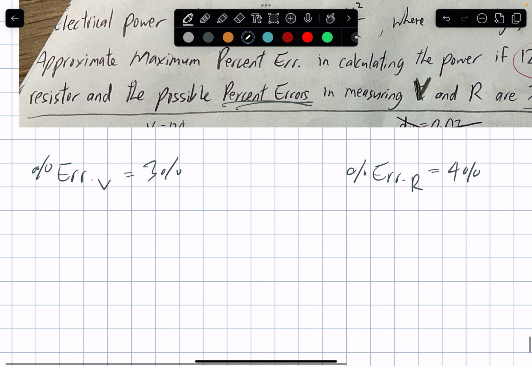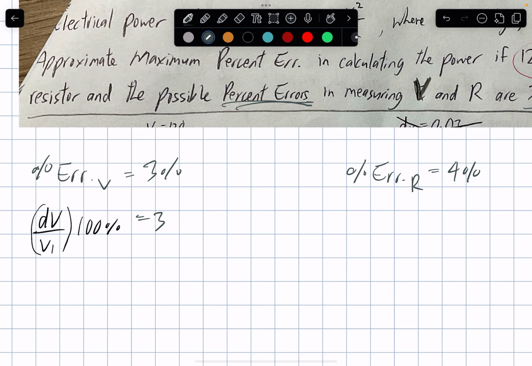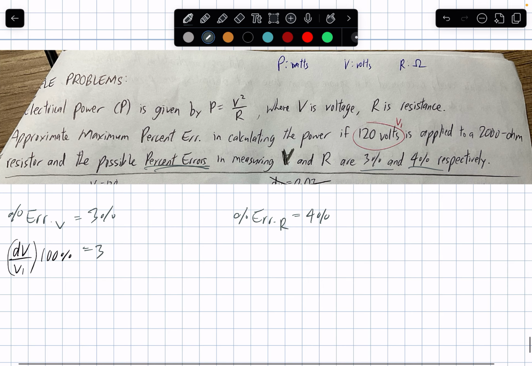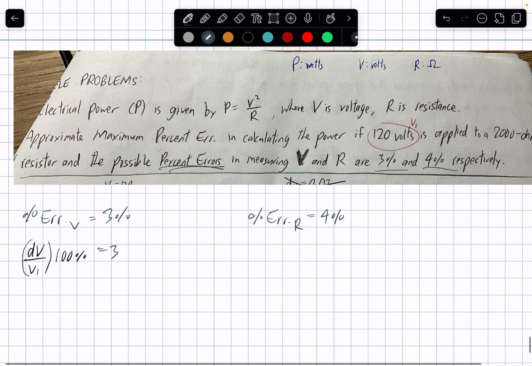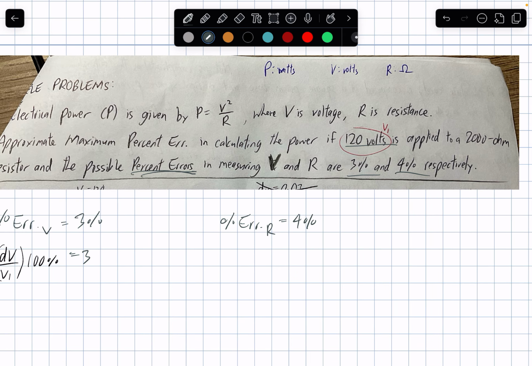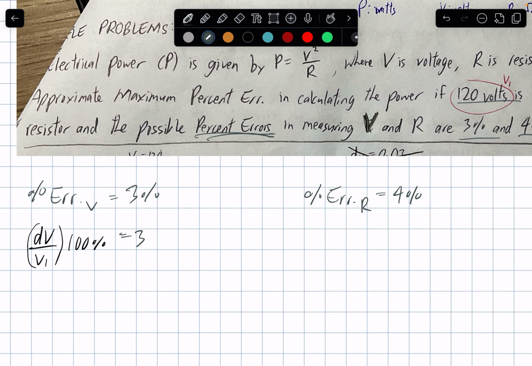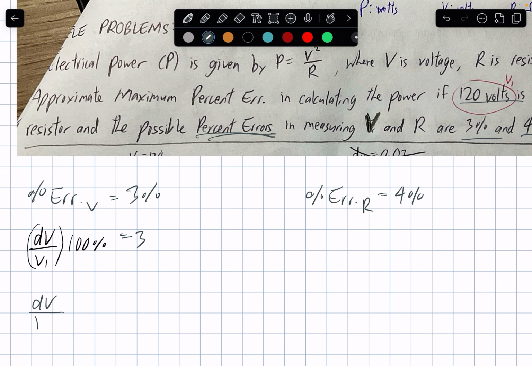In percent error, again, the formula is dV over V1 times 100%, right? So that's going to equal 3. And apparently, we have V1 as 120 volts. 2000 ohms is going to be our R1. Okay, so dV over 120 times 100 is equal to 3.